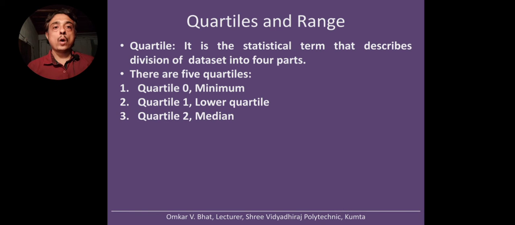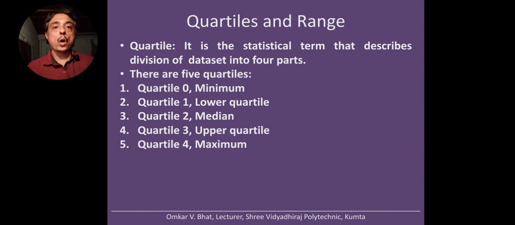Third one is quartile 2, which is called as median, and fourth one is quartile 3, upper quartile, and last one, fifth one is quartile 4, that is maximum. So these are the 5 quartiles. Okay. So these 5 quartiles divide the entire data set into 4 different parts.